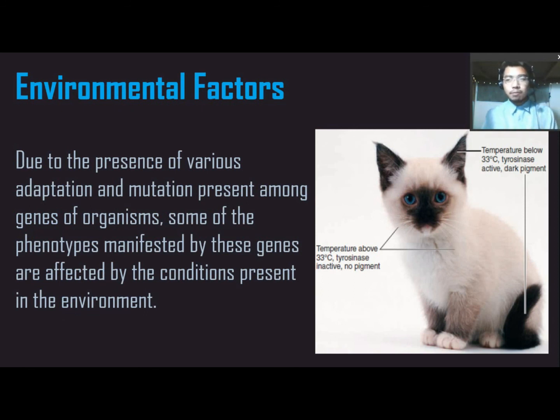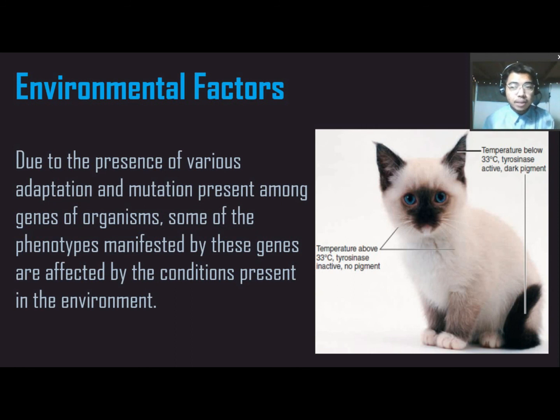The best example for this is the Siamese cat. The Siamese cat, if you're going to observe here, has two types of coloration on its fur. It is being controlled by the environment. This is how the fur of the Siamese cat is adapting.